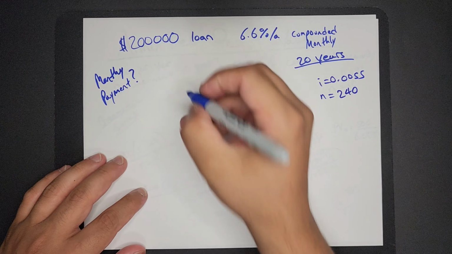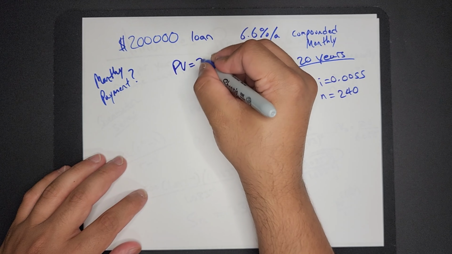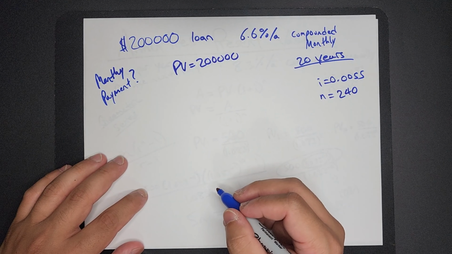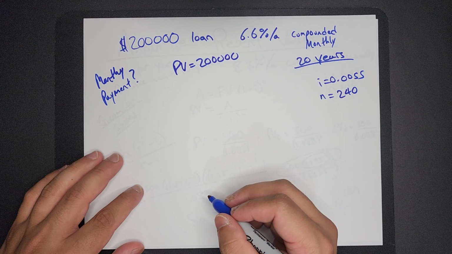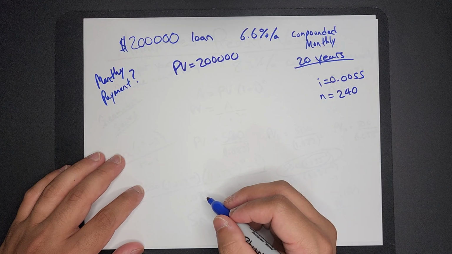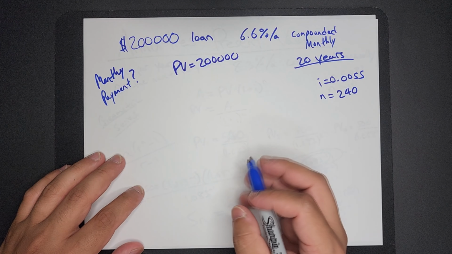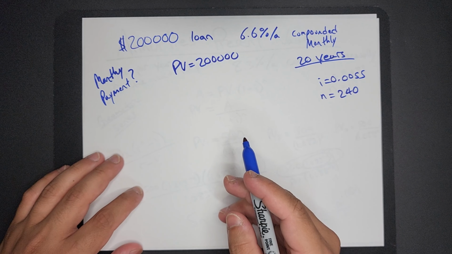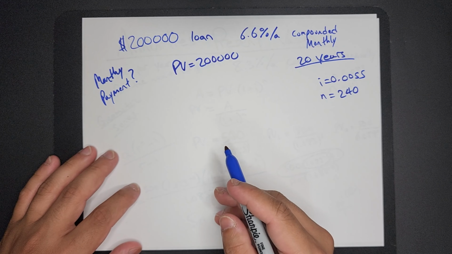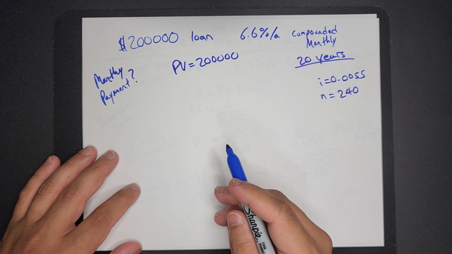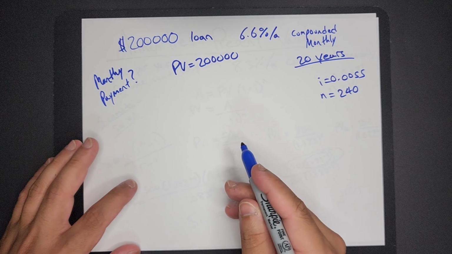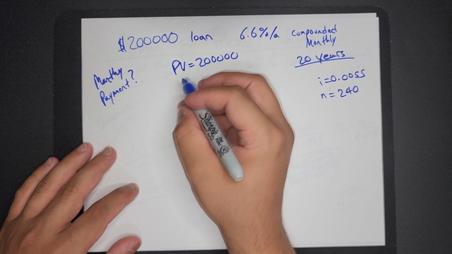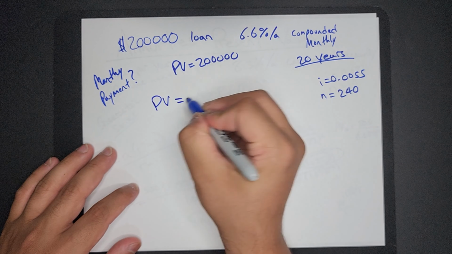So my present value annuity geometric series. Let's just write that out first, and I'll start plugging them in.